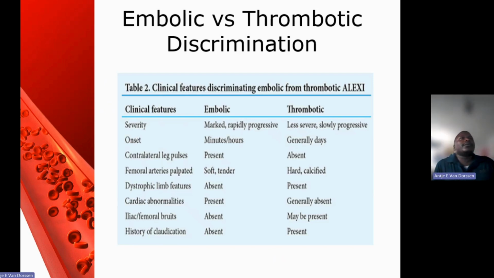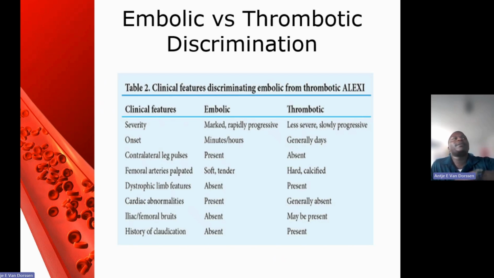So sometimes, when you see these patients, you just wonder whether this is now an embolic versus a thrombotic event. We can always look at clinical features such as the severity of the pain. When a patient comes in, they're very painful and it's progressive very quickly.